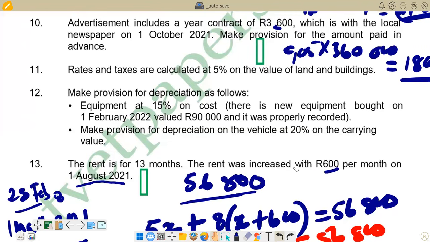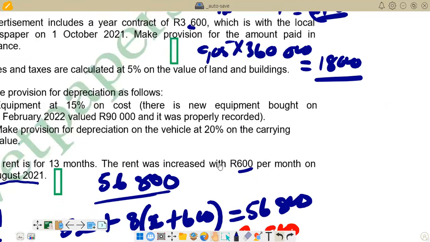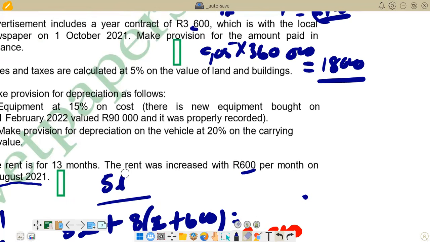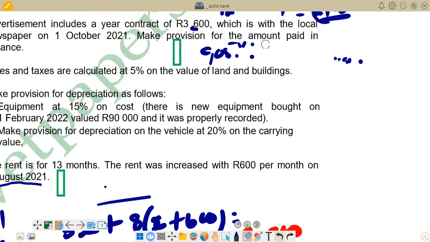Let's start by calculating depreciation on equipment. So maybe we can just try to create some space there. So depreciation on equipment. What is important is for you to take note of the rate that we are using for equipment. Equipment is of course a straight line method.